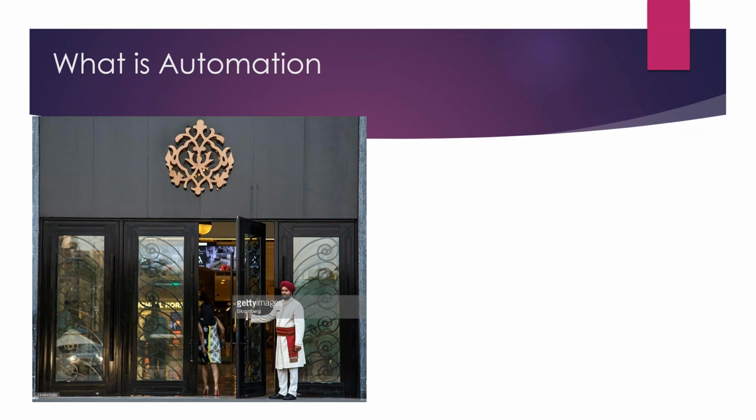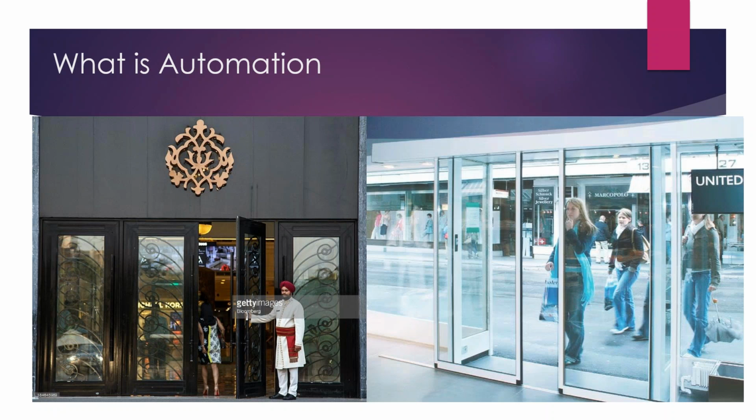A person stands here, operates the door and closes the door, right? He is the person responsible for opening and closing the door manually, correct? So if you look at the current scenario, it is a manual testing example. The next one is called automation.